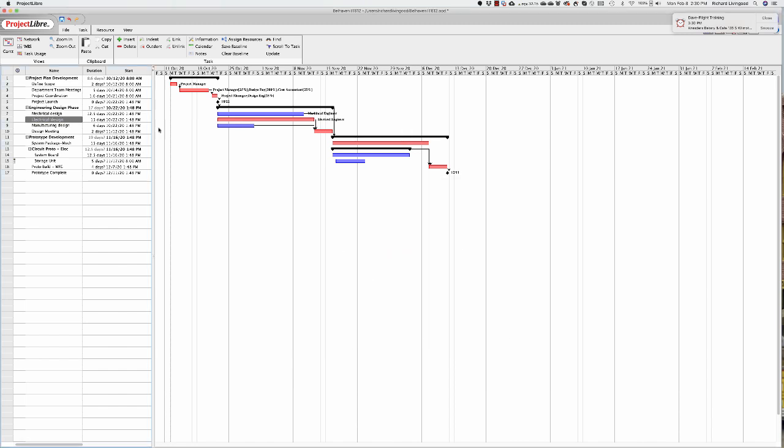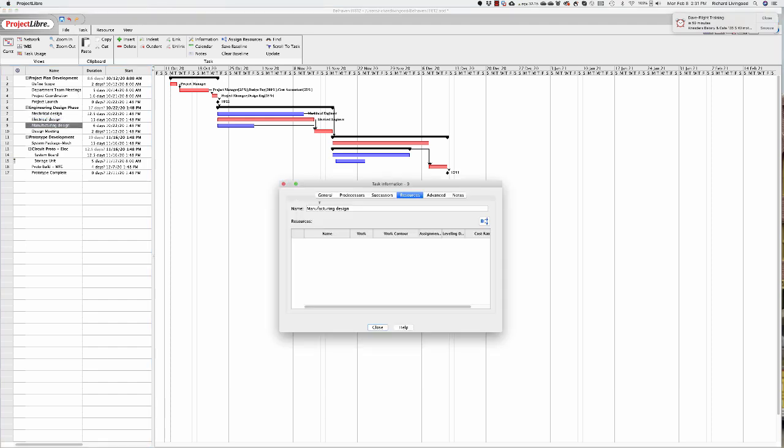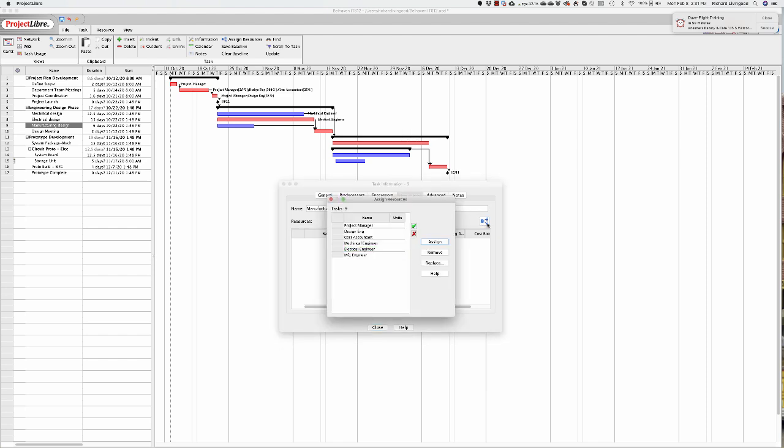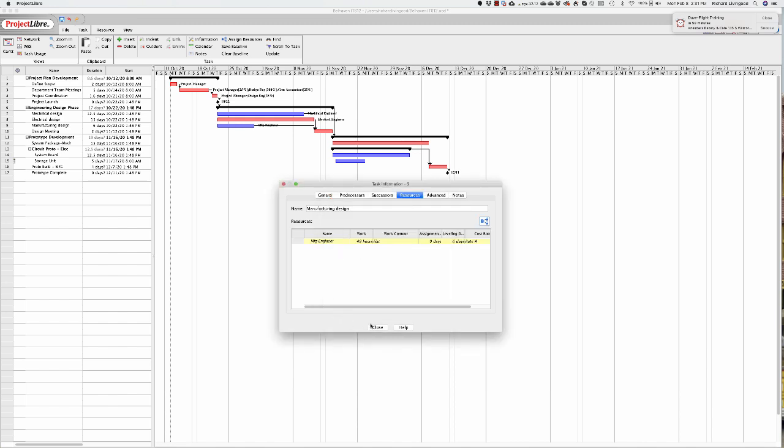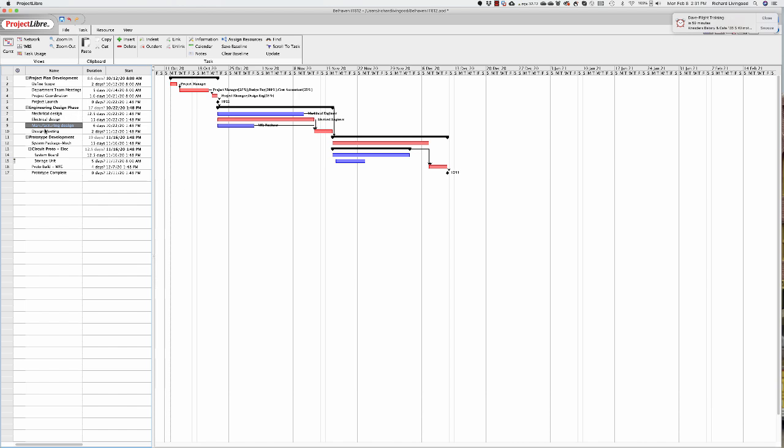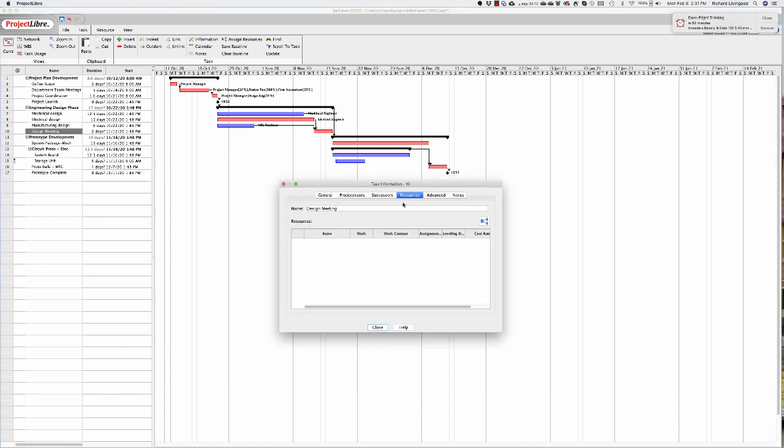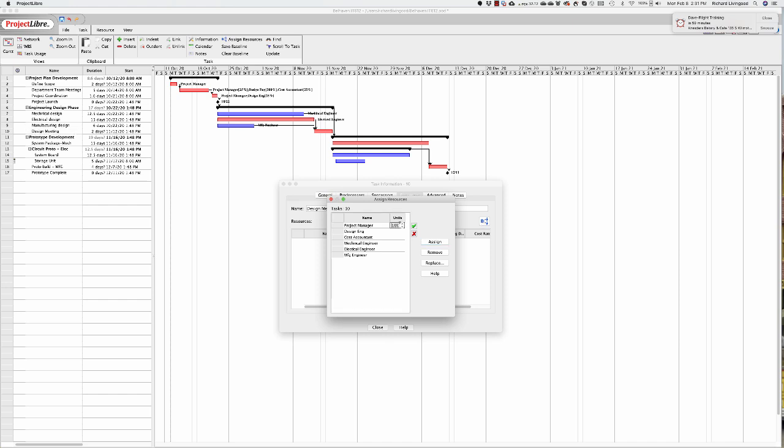And now we do the manufacturing. Let's assume that when they come together at the end, they all have to be there, and that would make sense. A 2-day meeting would not be unusual. So we'll add all of the engineers.